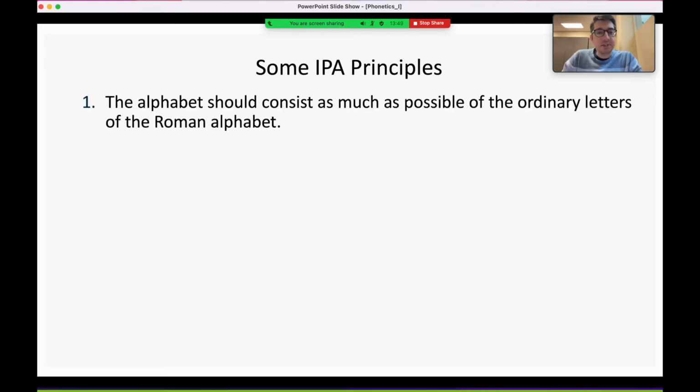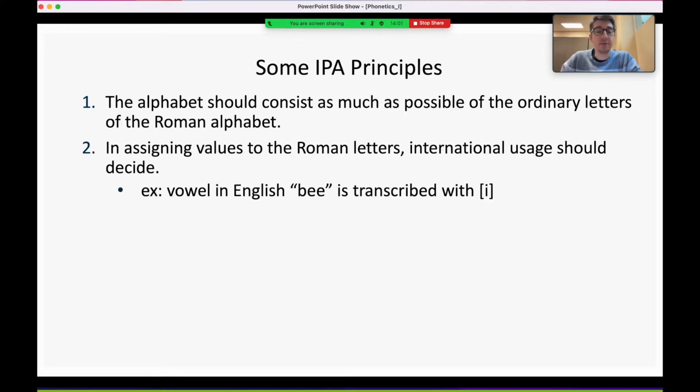Some IPA principles that we should be aware of: I'll just mention three. There are more, but I'll just mention three. The alphabet should consist as much as possible of the ordinary letters of the Roman alphabet. In assigning values to the Roman letters, international usage should decide. Example, the vowel in English beat is transcribed with i.